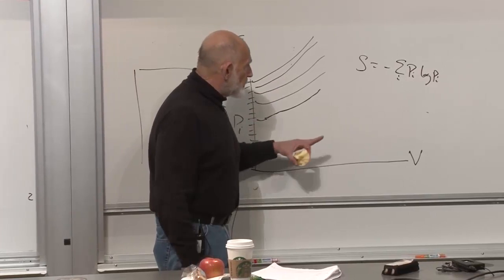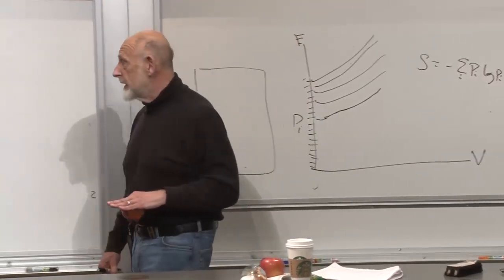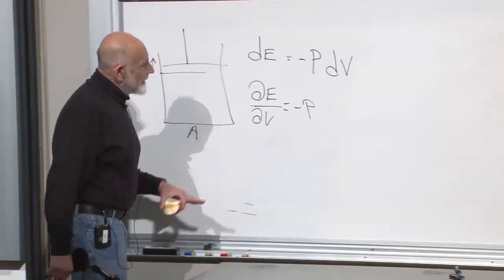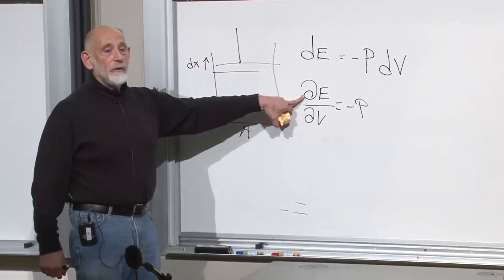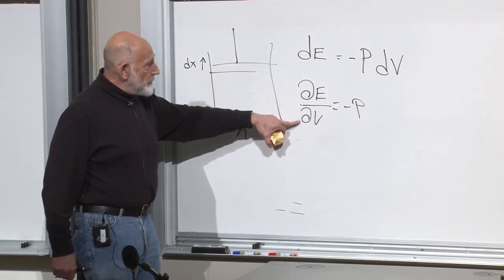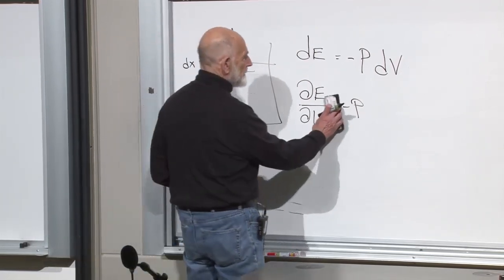And under those circumstances, adiabatic also means constant entropy. So now we know what to hold fixed in this formula: the change in the energy with respect to volume, holding the entropy fixed.